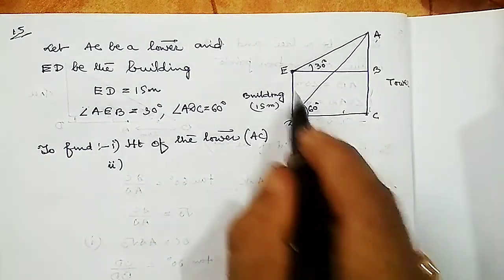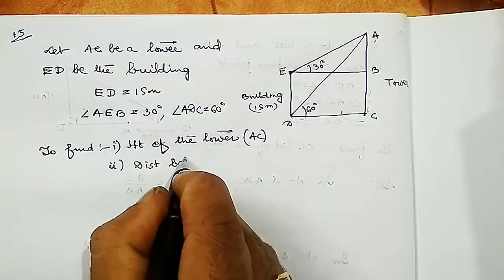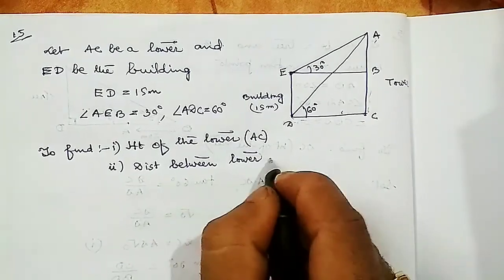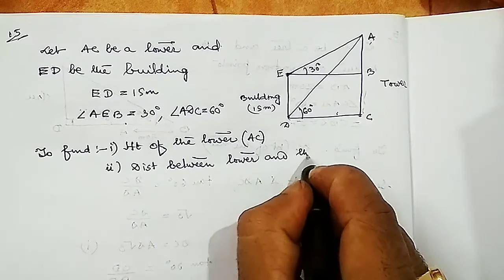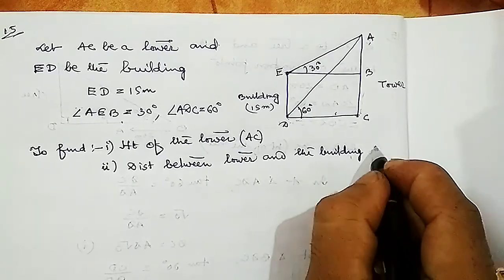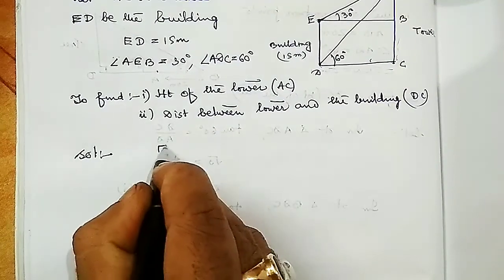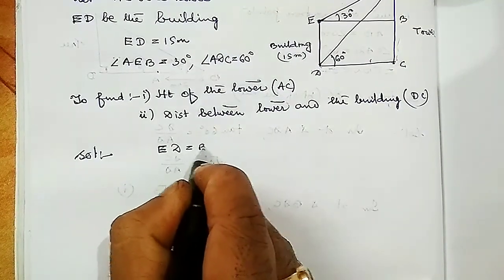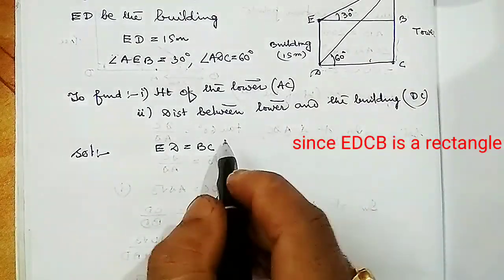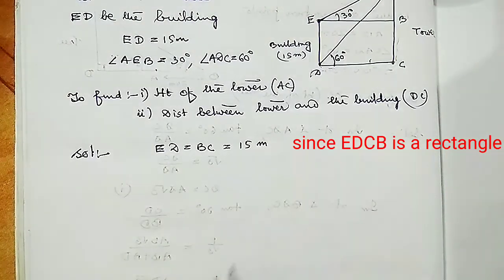Distance between the tower and the building is DC. In the solution part we can write here ED and BC both are equal. As you can see here, ED and BC are equal. Since this is 15, this part also will be 15. So I can write here ED equal to BC equal to 15 meters.